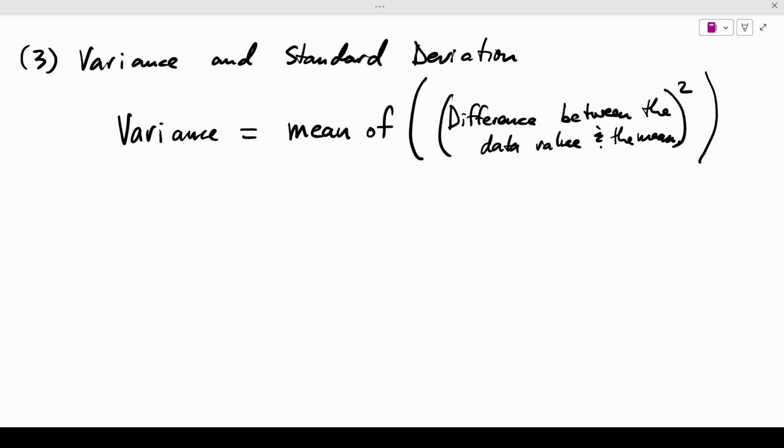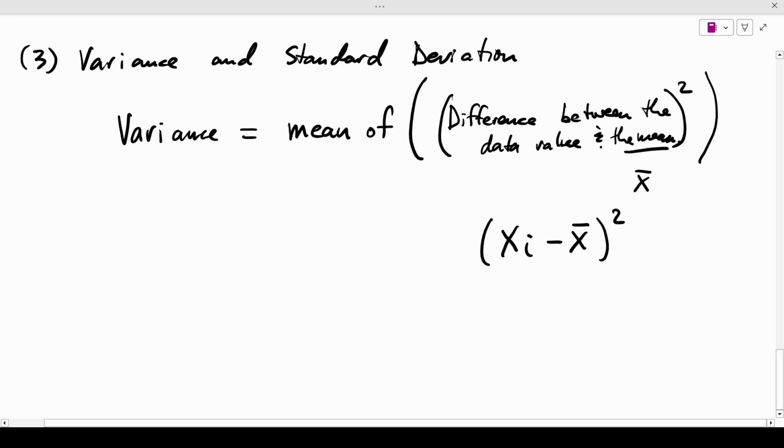So we're going to find the mean overall, which we call x bar, by the way. And for every data point, we want to see the difference between that data point and the mean. I'm going to look at every single data point, subtract it from the mean, and then square that quantity.